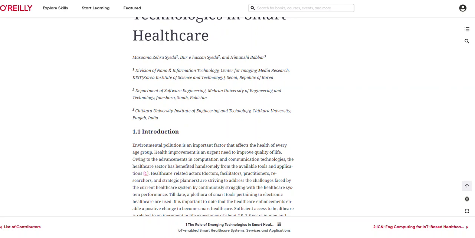Lastly, patient empowerment will continue to grow as consumers become more comfortable using technology to manage their health. They'll expect devices that are easy to use, that provide actionable insights, and respect their privacy.